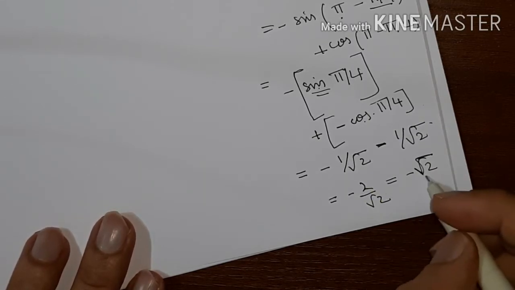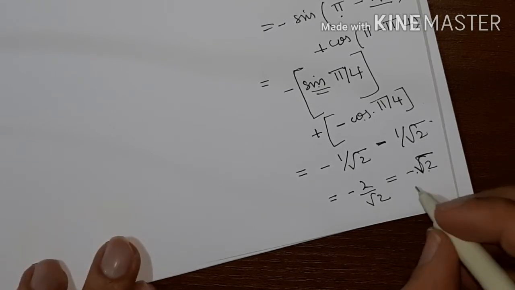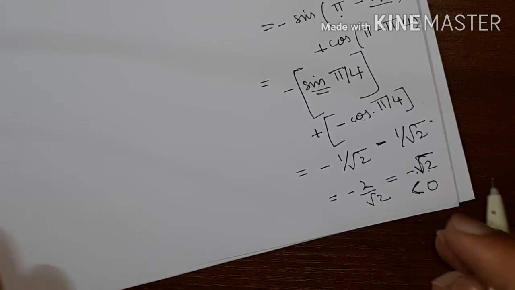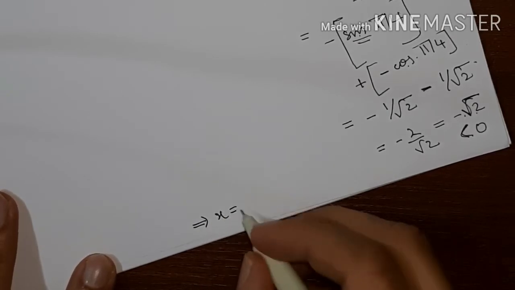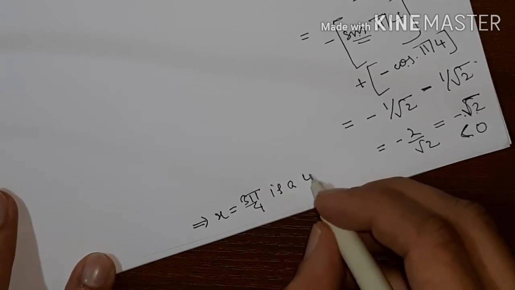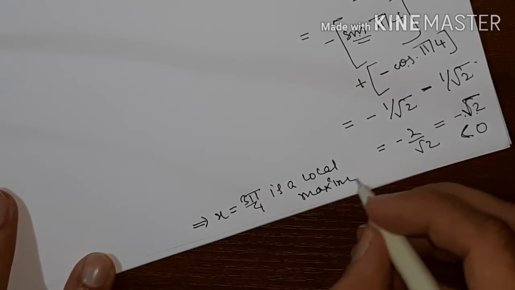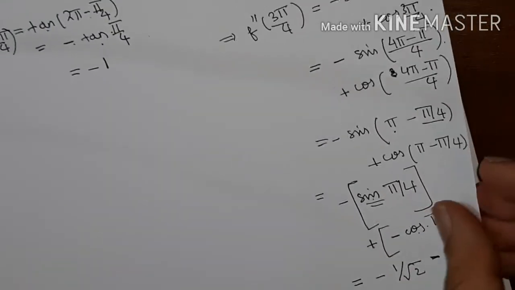So 2 by root 2 will be root 2, and then the minus sign is there, so minus root 2, which is less than 0, right. So we get x equal to 3 pi by 4 is a local maxima.